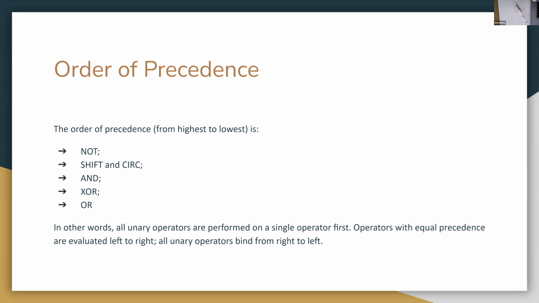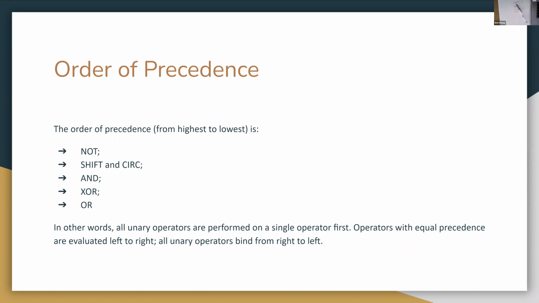We're missing the parentheses; you can also have parentheses in these expressions, so parentheses always go first. And then the unary operators, like not and shift, meaning they only have one operand, go first, and then and, or, and these kinds of operators.